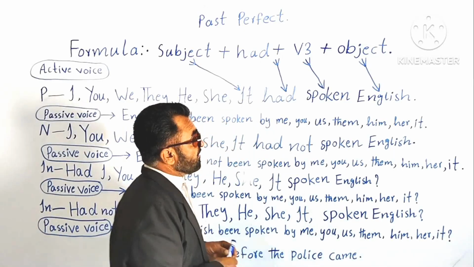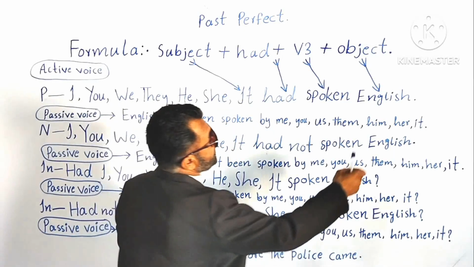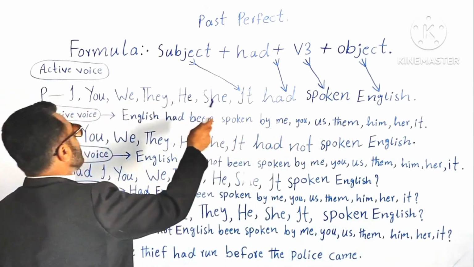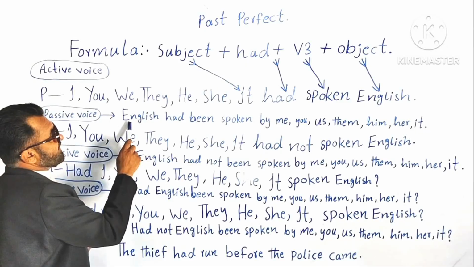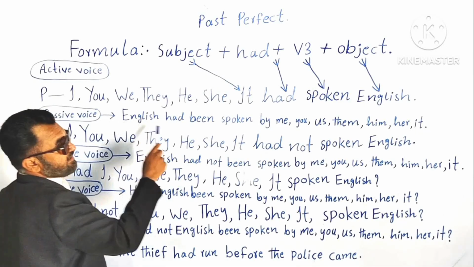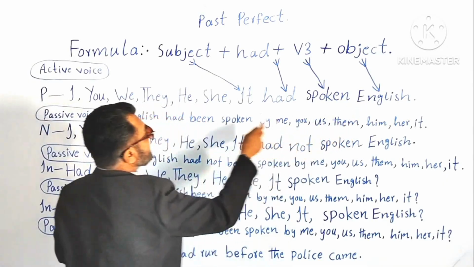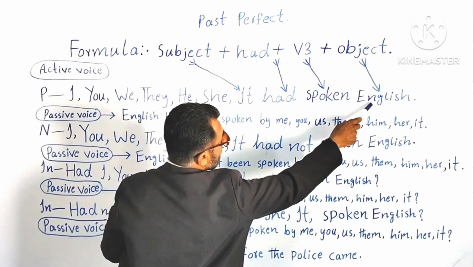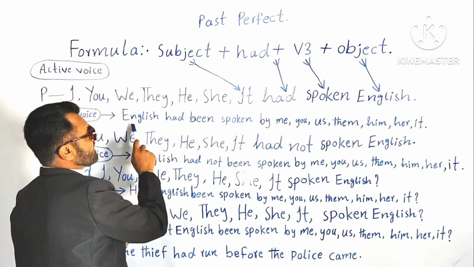Understood? You can see this one. English is the object of active voice, and here you will see that English is the subject of passive voice. Here it is an object, here it is a subject. In active voice, it is an object. In passive voice, it is a subject.